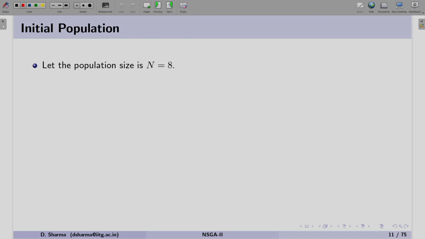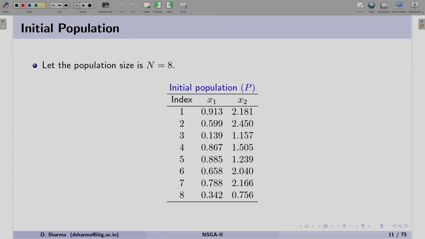So as per our algorithmic representation, the first step is to initialize the population. Let us assume that the size of the population is 8. When we are generating the initial population, we are generating x1 and x2 randomly, so within the range of x1 and x2, 8 solutions are generated randomly.